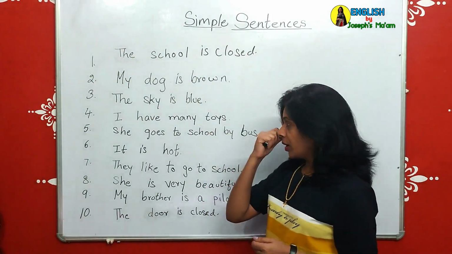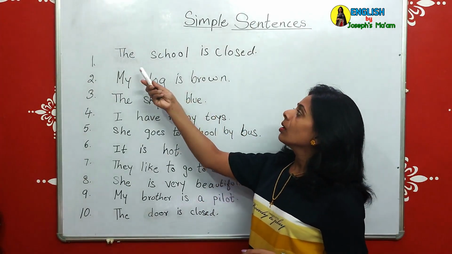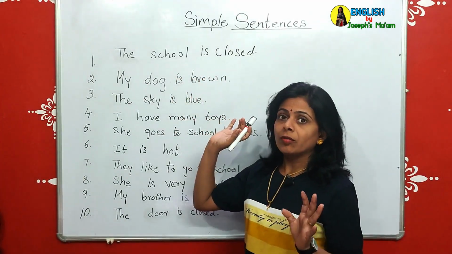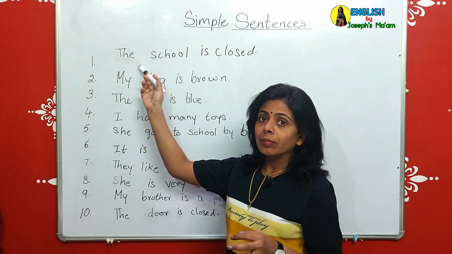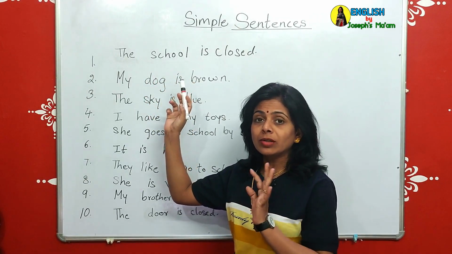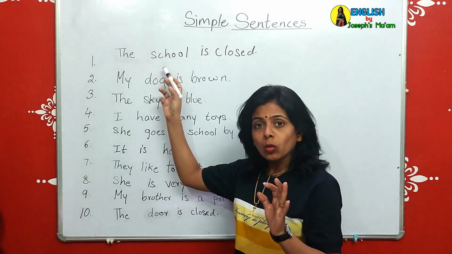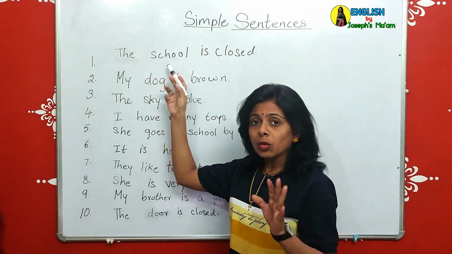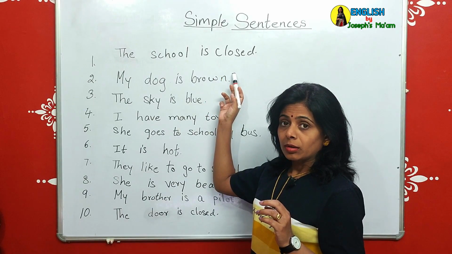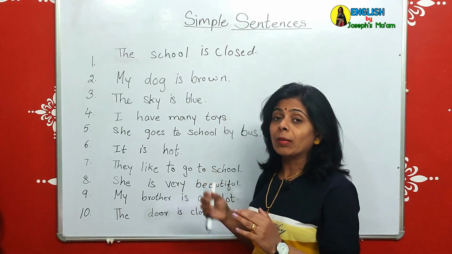Okay, so the first one is: the school is closed. Now if we read the school, it's not "school", it is "the school". The school is closed. Please listen carefully when I'm reading.